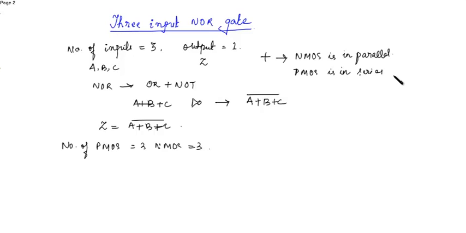Now let's see the truth table of a 3-input NOR gate.